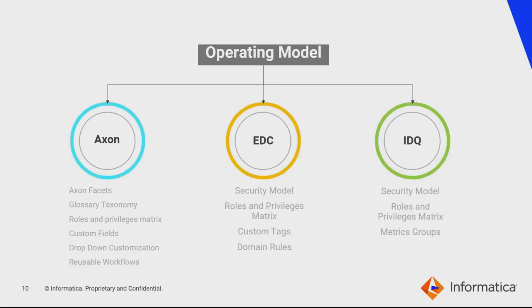Operating model in our language refers to certain design elements or customizations or configurations that are necessary to not only streamline the implementation process, but making sure that the user experience remains consistent, so users coming from different constituencies do things the same way, and they're guided on how to do it.